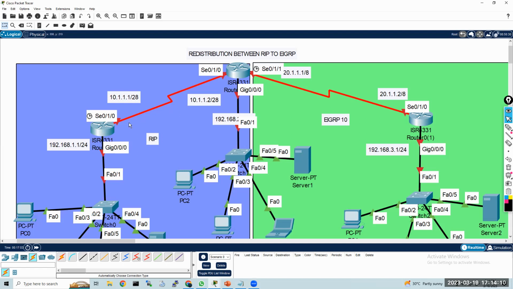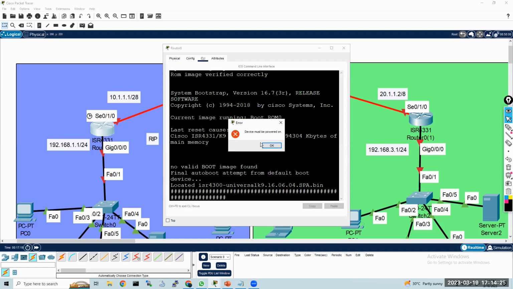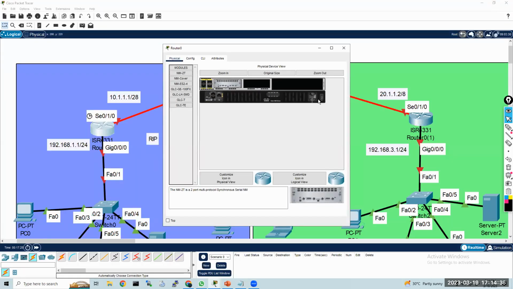You can see my mouse moving, right? Yes. But when I right click. No, just click, not right click. One click, yes. Now CLI. The power must be on. Go to the power. Sorry, use maximize. Is it on now?